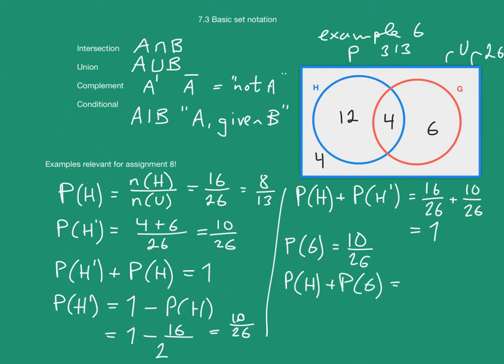When we add simple probabilities like this, we simply add them. So probability of H is 16 over 26. And the probability of G is 10 over 26, which is the same as 26 over 26, which is equal to 1.